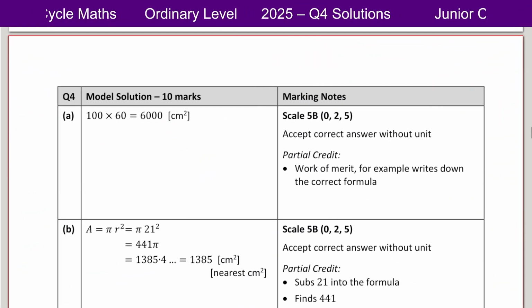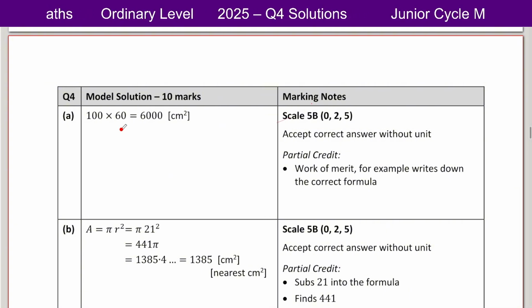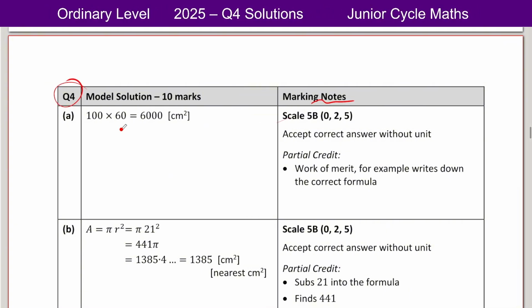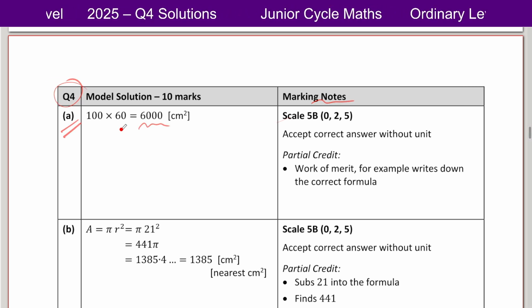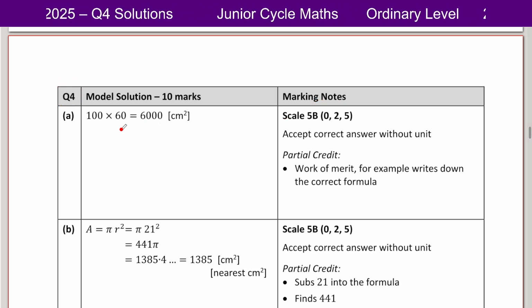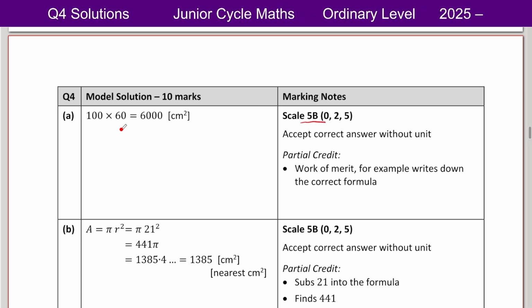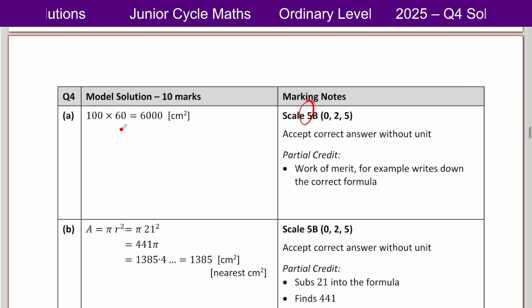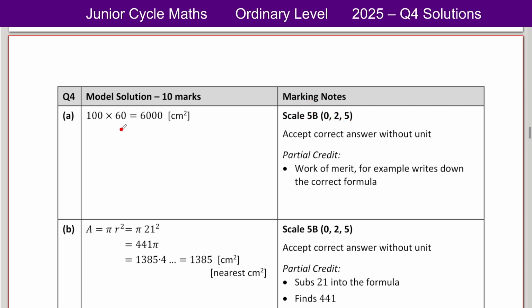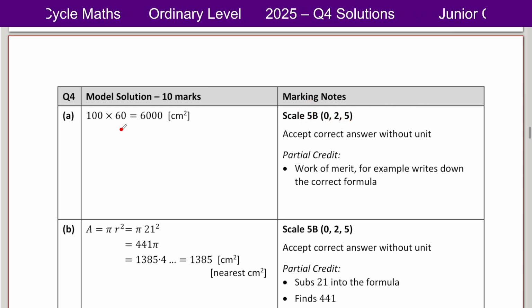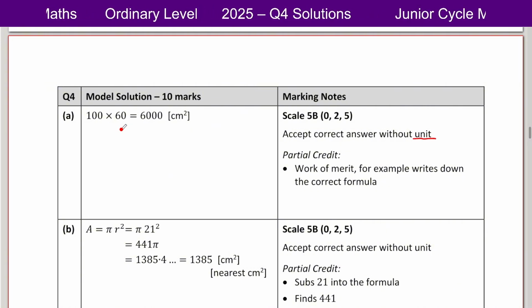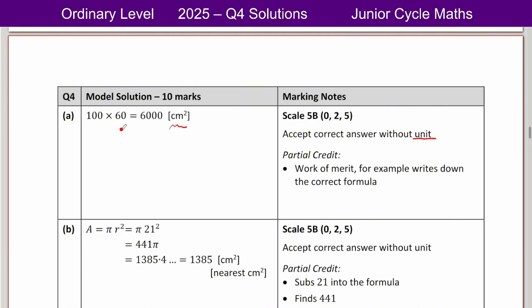Okay, and finally here are the marking notes of Q4. For the first part, here is the correct answer, and the first part is on the scale of 5B, meaning that we have 5 marks with 3 subcategories. Usually the answer is acceptable without writing down the unit, which is centimeters squared.